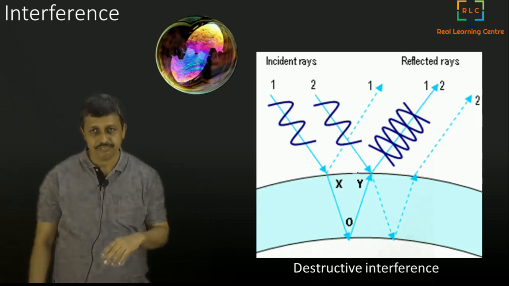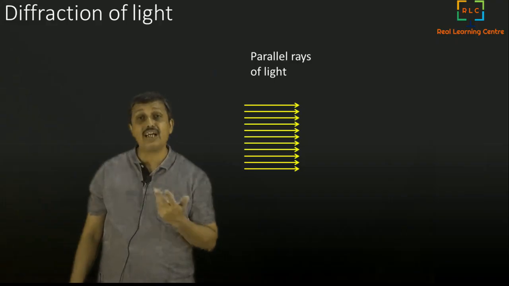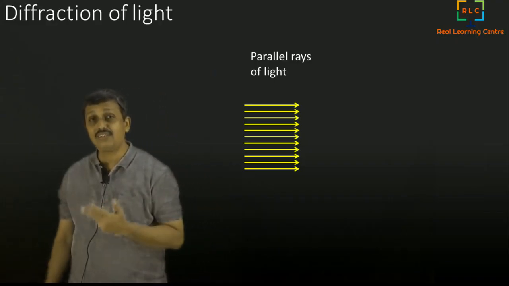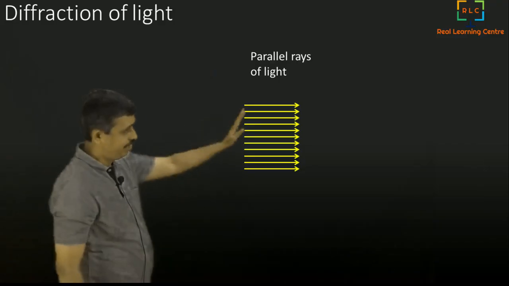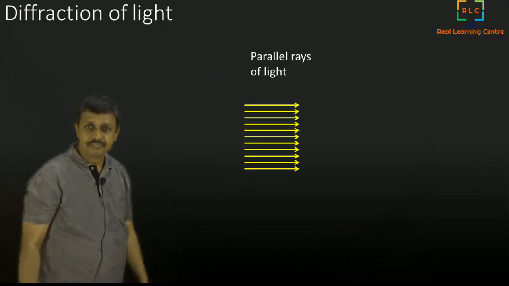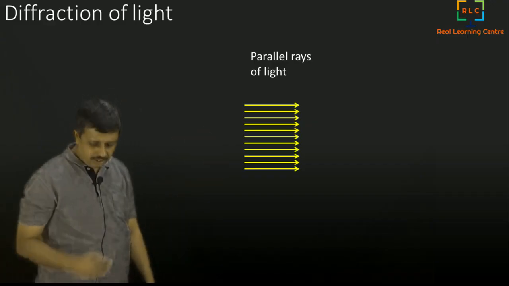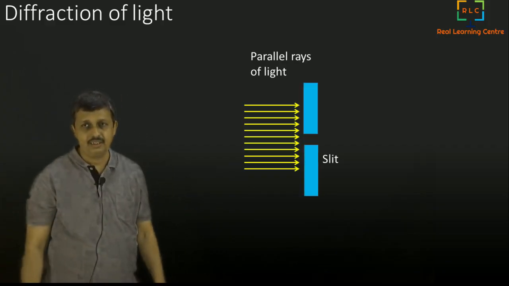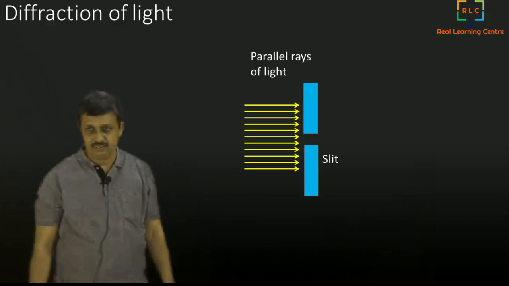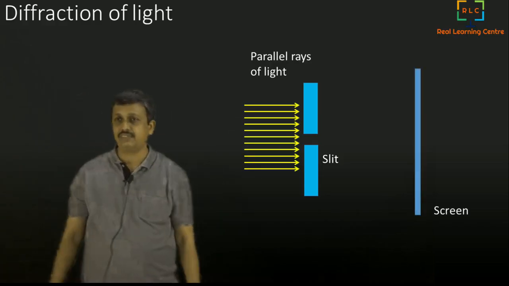nature of light. So one more phenomenon that we want to talk about is the diffraction of light. So what is this diffraction of light? Let's say there is a parallel ray of light coming here. So there are parallel rays. Let's say I'm able to send some parallel rays of light, and I will put an obstacle to the light with a small slit inside, and then I'm going to put a screen on the other side.